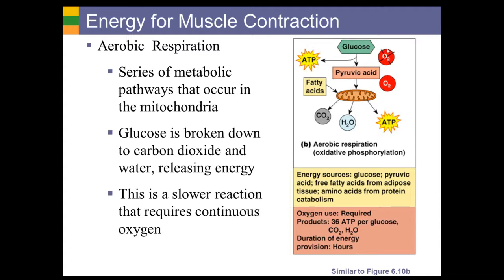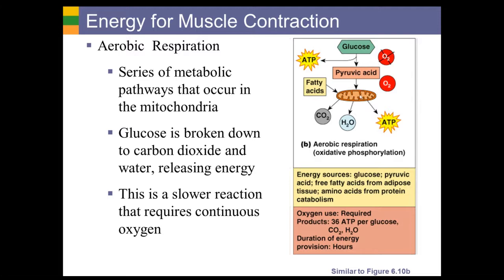Now notice this process does not require oxygen. It's what's called anaerobic respiration. And we do get a little ATP, but not much. After being converted to pyruvic acid, that pyruvic acid then moves into the mitochondrion.